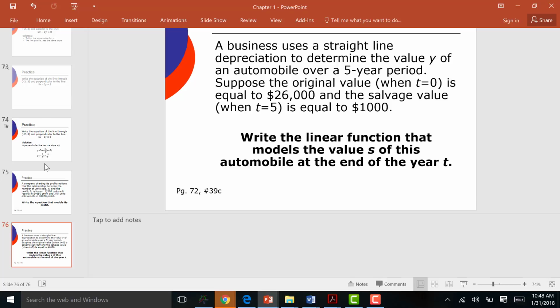Times x minus, alrighty. This one's actually fairly easy. Y minus 26,000. Well, what's x minus 0? X. Or you could distribute it and say negative 5,000 times x is negative 5,000x, and negative 5,000 times 0 is what? 0.